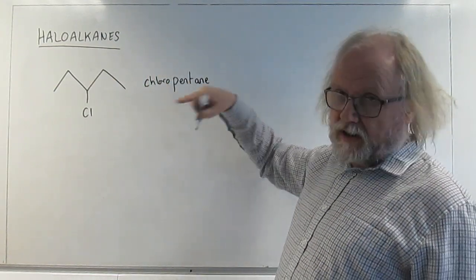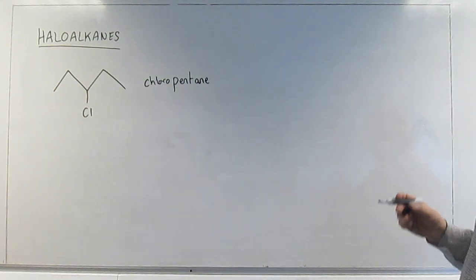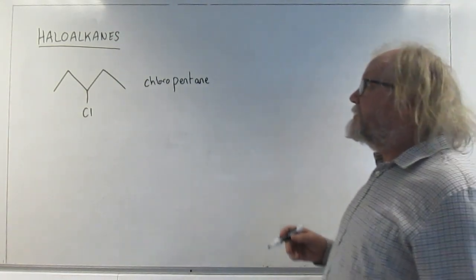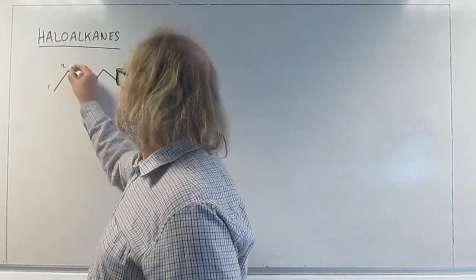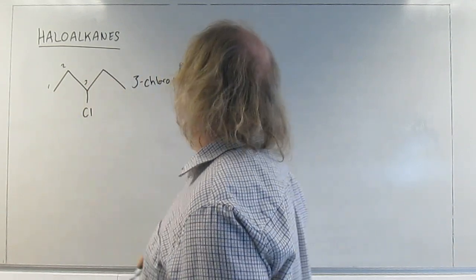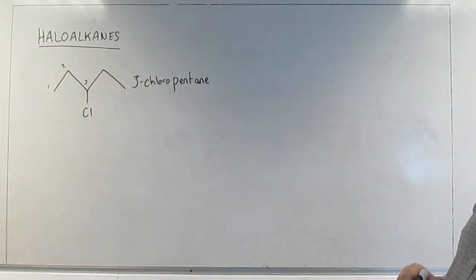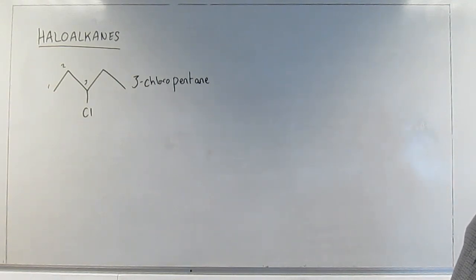So make sure it's chloro, not chlorine or anything like that. It's got to be chloro or iodo or fluoro or whatever. And you need a number to indicate where it is. So in this case it's going to be 1, 2, 3, so 3-chloropentane. So naming shouldn't be a big deal.